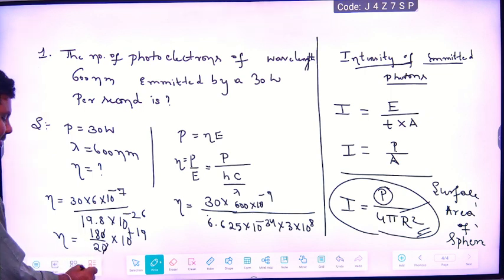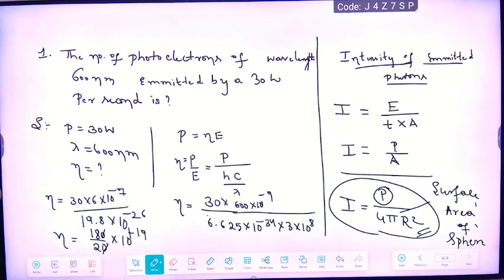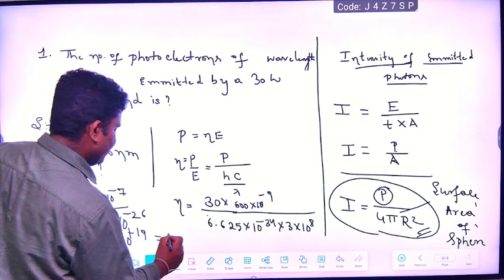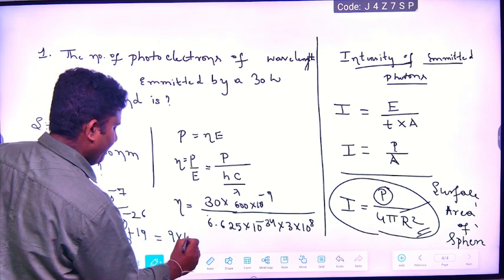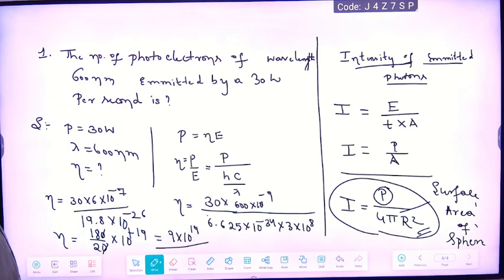The zeros cancel. It is 7 minus 26. 9 into 10 to the power of 19. You can make it 10 approximately.